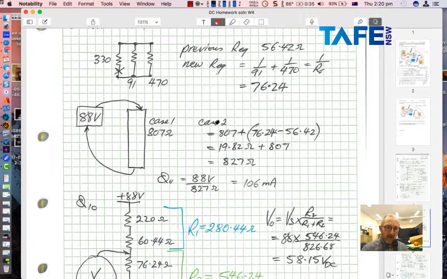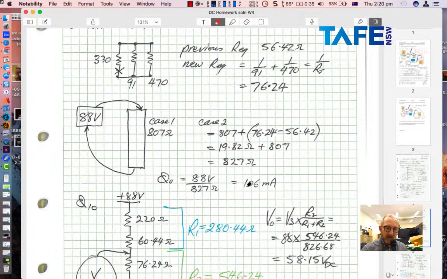And now case 2, I need to find out what the new resistance is. Well, because this is about 20 ohms higher than that first one, we had 56.42, 76.24, close to 20 ohms higher. There it is there, 827 ohms versus that 807 ohms that we had originally. So the current, 88 volts divided by the new resistance, 827, 106 milliamps.